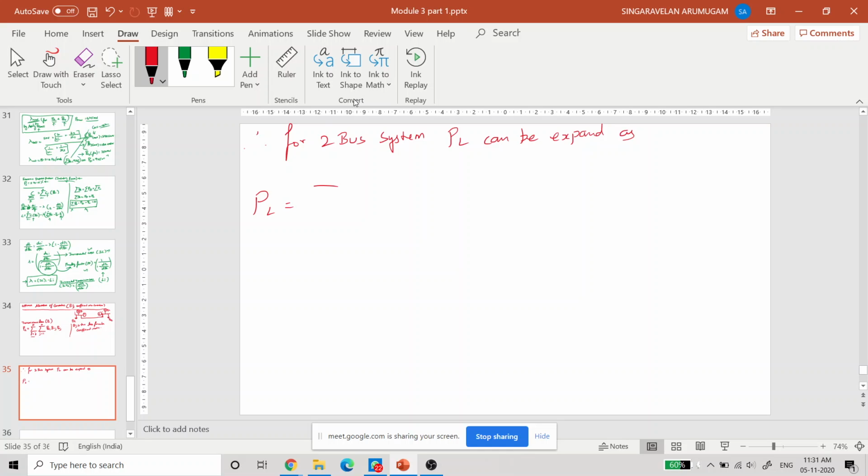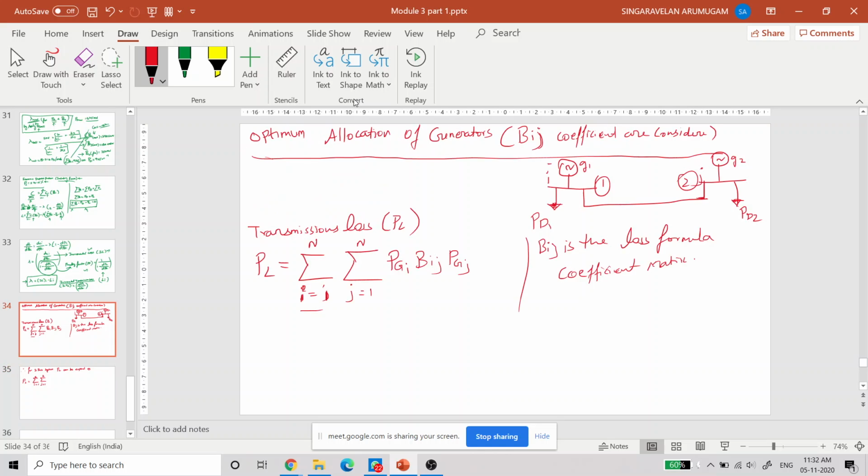PL is equal to the summation of I equal to 1 to 2, and J equal to 1 to 2, because there are two. So I need to consider two things, because this generator will have loss from here to there as well as from there to here.